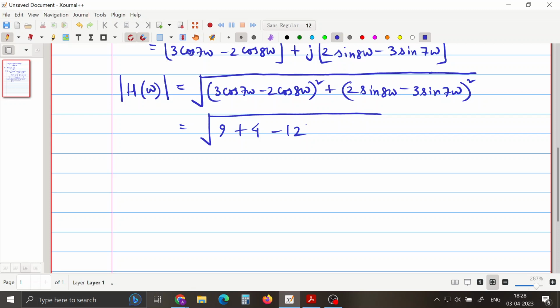If we expand the first squared term, it's like a square plus b square minus 2ab. So this is the minus 2ab term. So it will be minus 12 cos 7 omega cos 8 omega, right? So taking 12 common, we have this.